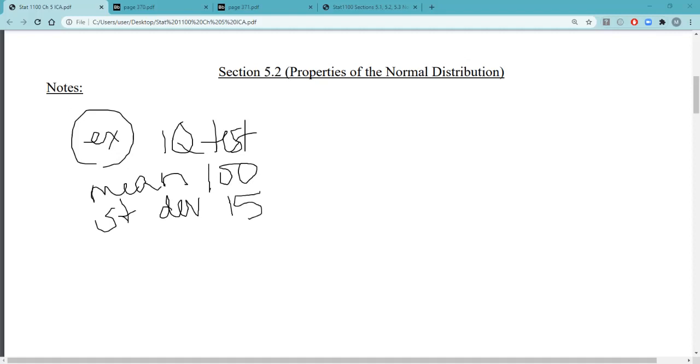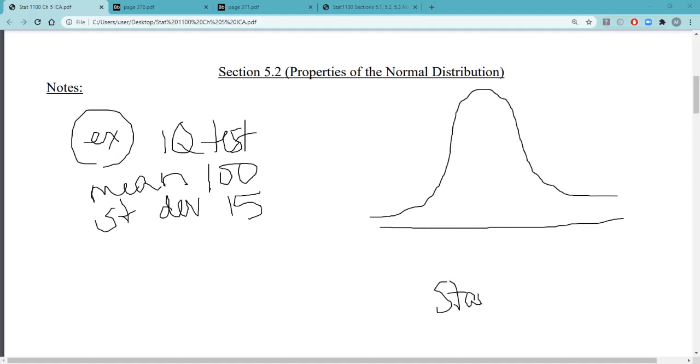What we want to do is look at this as a standard curve. So on our standard curve, we're going to assume that our mean is 0.